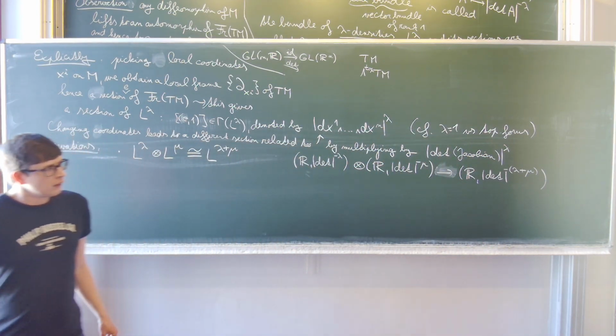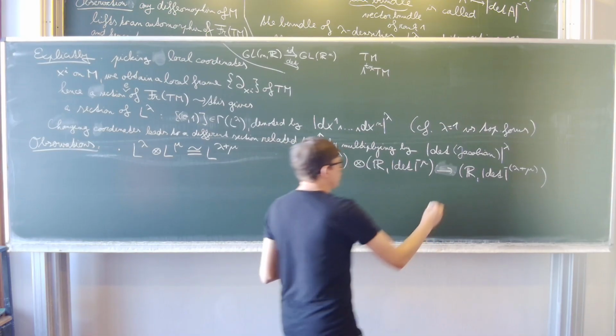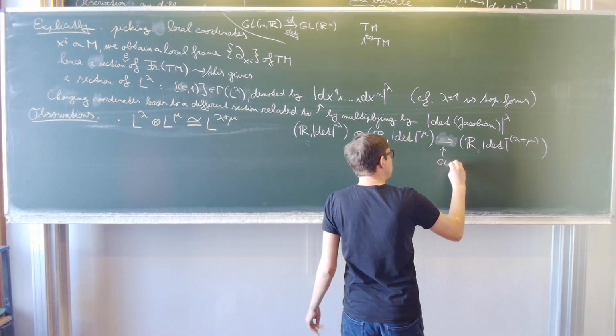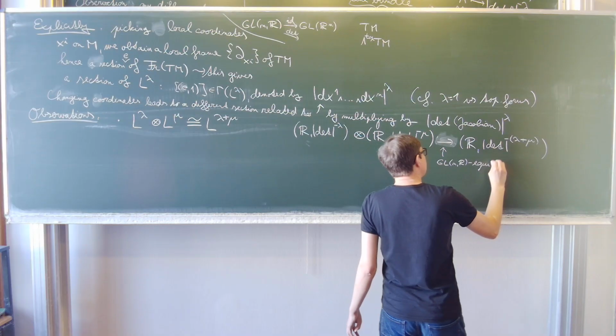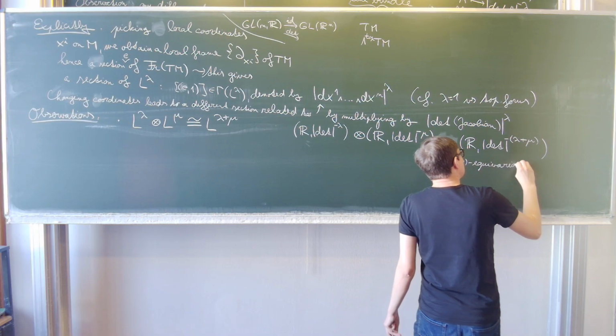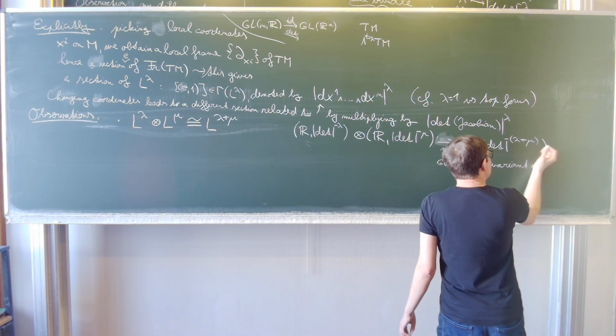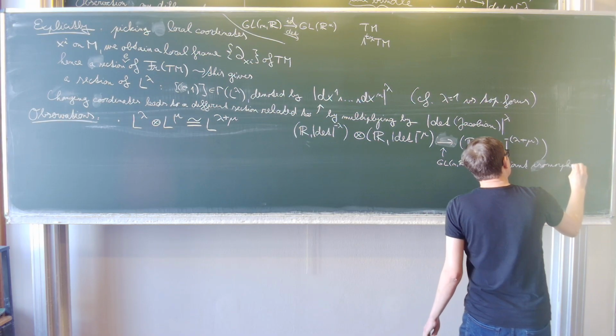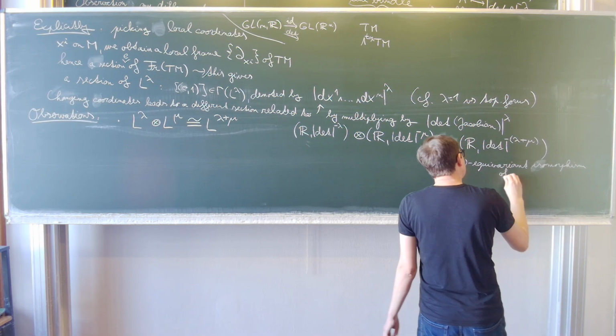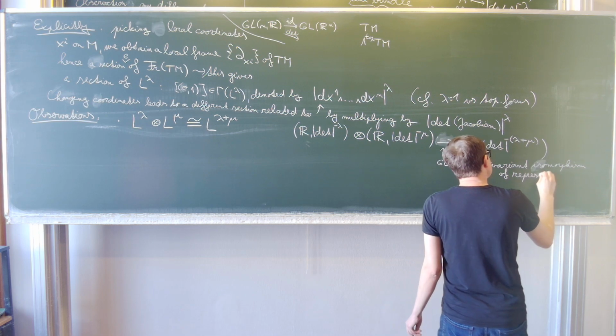Okay, so a GLN(R)-equivariant isomorphism in this case, an isomorphism of representations.